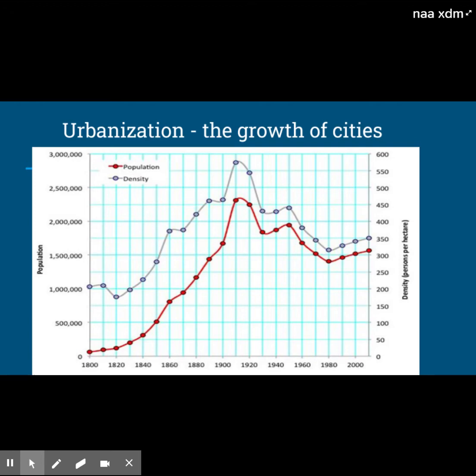So we've got 2 lines on here. What do those lines represent? The red one represents population, the gray one or blue one, whatever you want to call that one, represents density. What is the distance between two green lines on this screen?